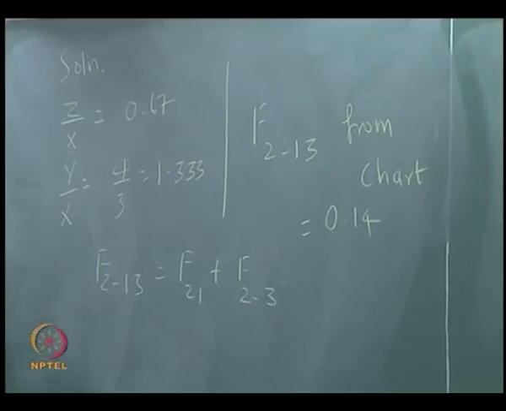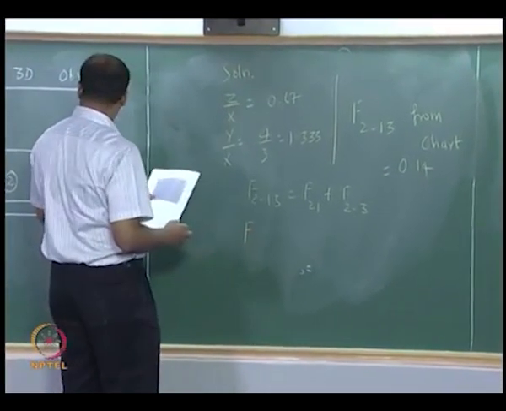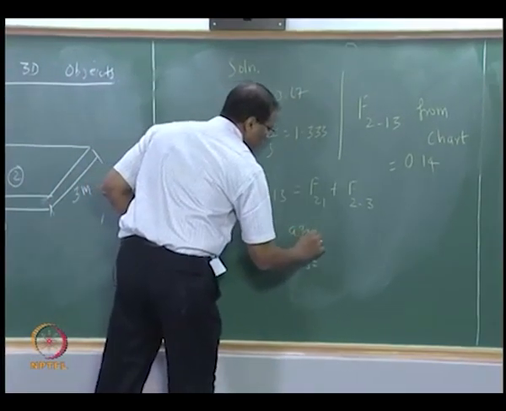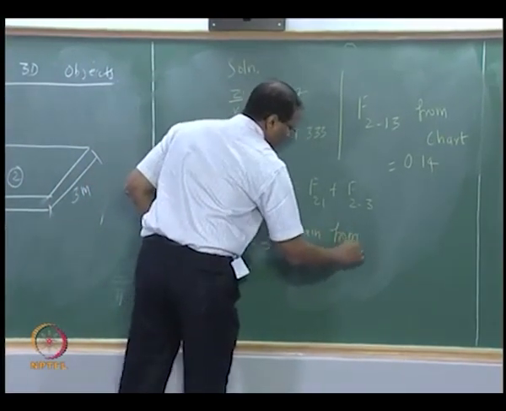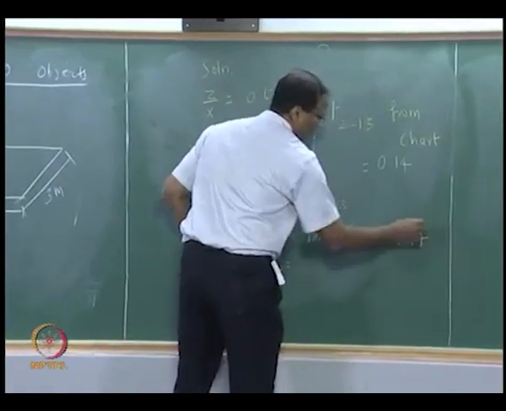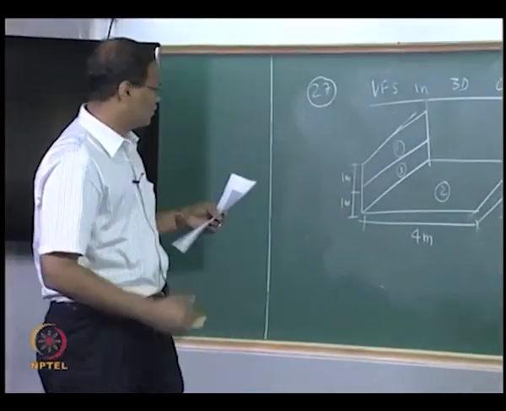F21 again from chart, correct? Sorry, F2 to 3, yeah, for F2 to 3 what is the story now?